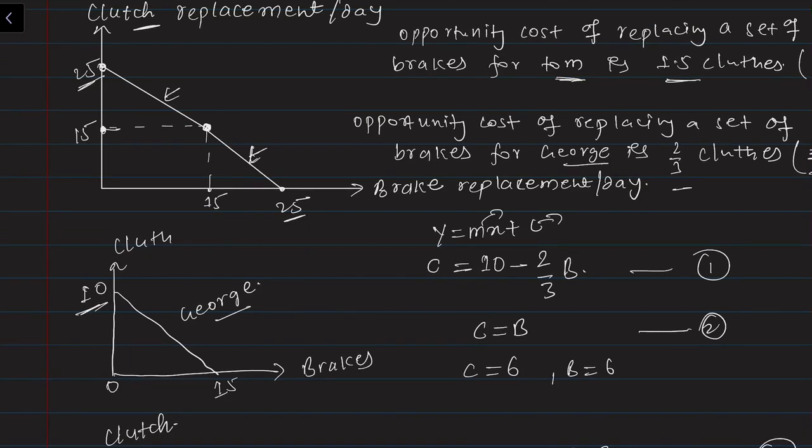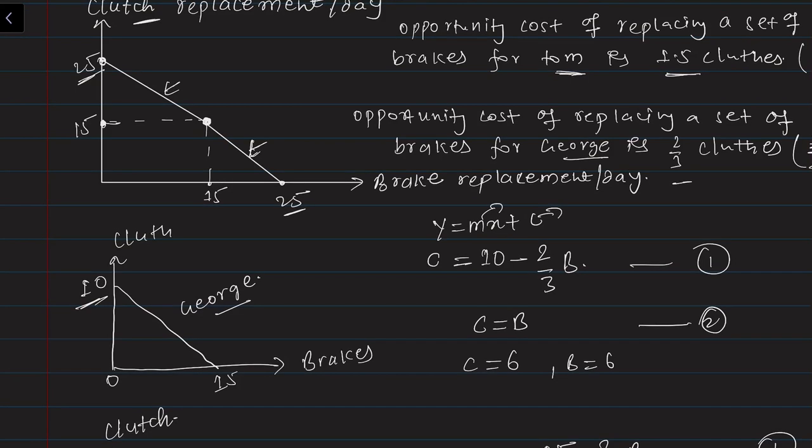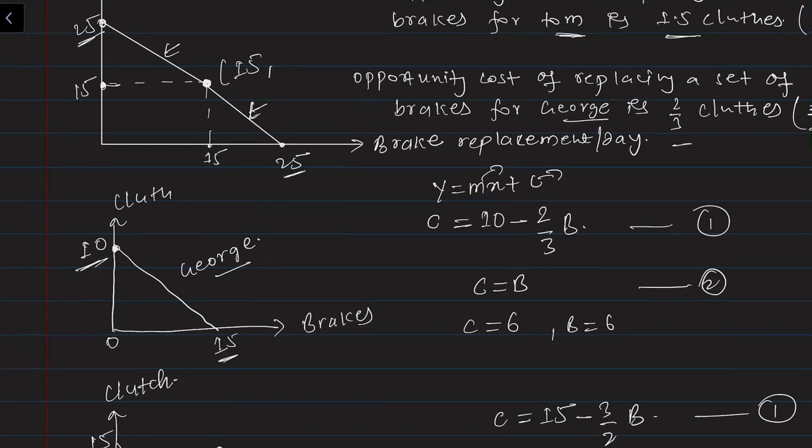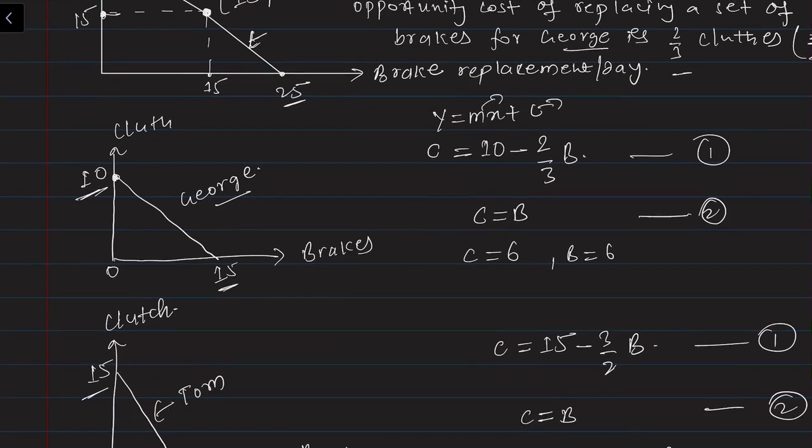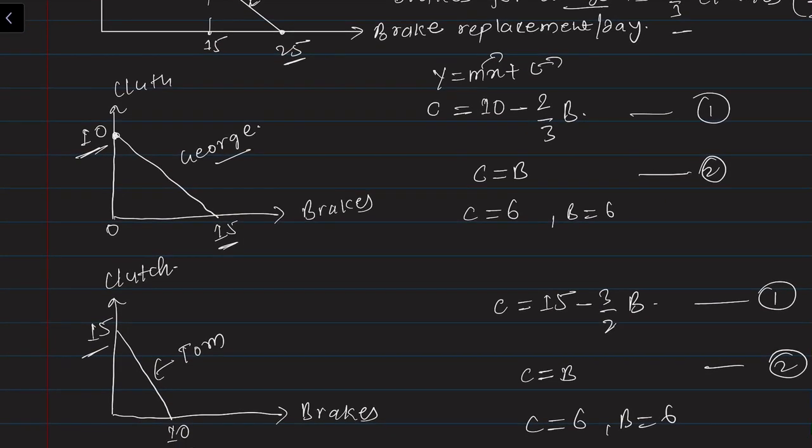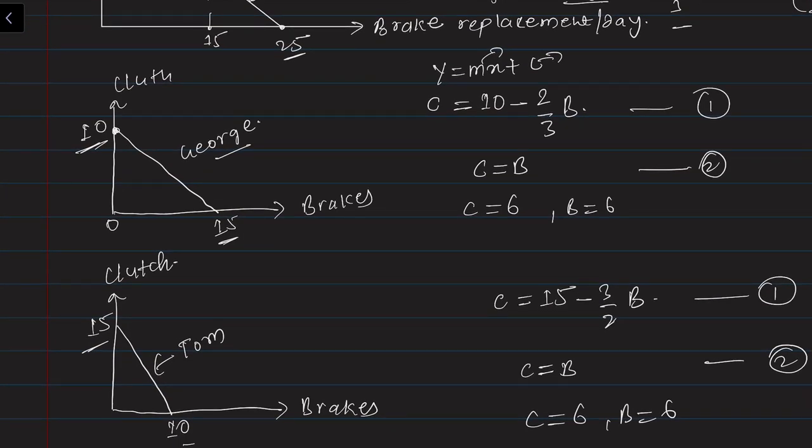So George will sacrifice 15 units of brake, until he reaches this point. So the x coordinate of this kink will be 15, and after George reaches this point, Tom will be the one to do the clutch replacement.